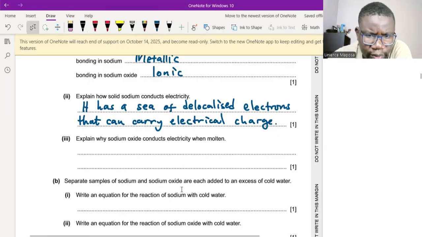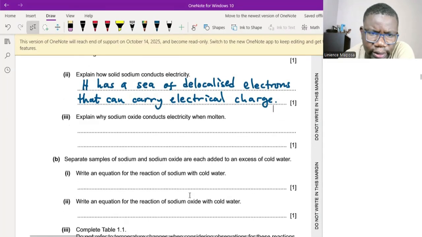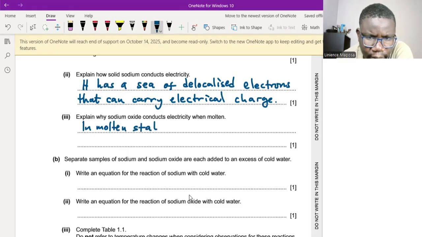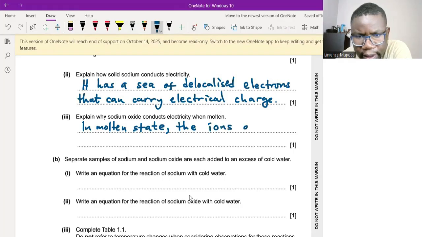Okay, explain why sodium oxide conducts electricity when molten. Because in the molten state, the ions, not electrons, but the ions, are free to move and carry charge.